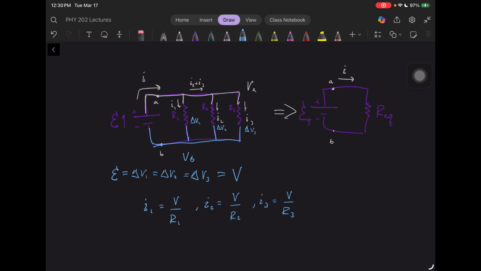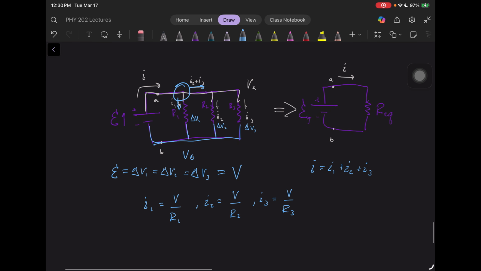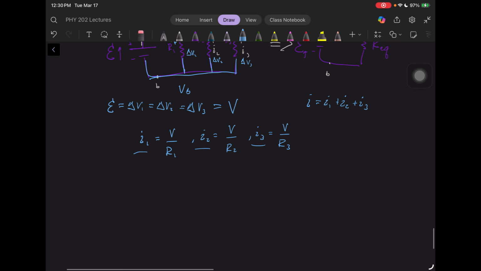And then, if we look at, where do we want to look? At this junction here, we can say I is equal to I1 plus I2 plus I3. And we can go ahead and substitute these in.